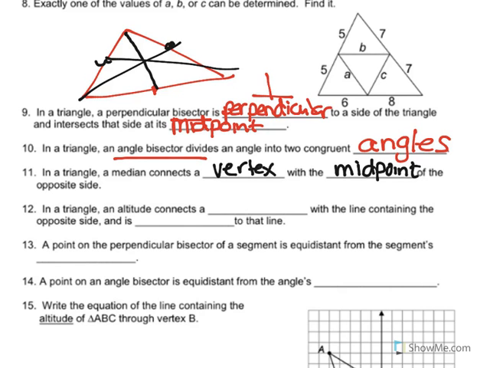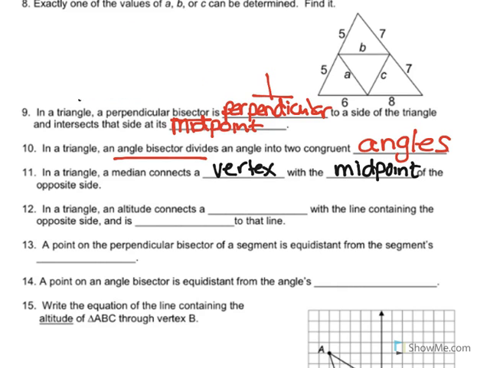Okay? In a triangle, an altitude connects a, what does it connect? Remember, an altitude, let me erase this. Let's just draw one. Here's an altitude. It connects a vertex with the line, oh, okay, no, let me see here.